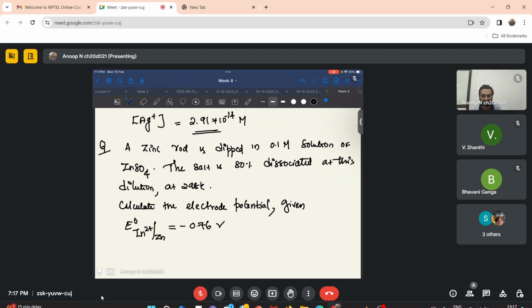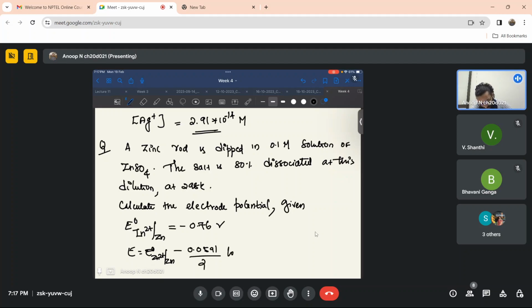What's the answer? Sorry, I was muted. What's the answer? How will you solve this? We have E is equal to E0 Zn 2 plus bar Zn minus 0.0591 divided by n. n is here 2 log of concentration of zinc divided by concentration of zinc 2 plus.